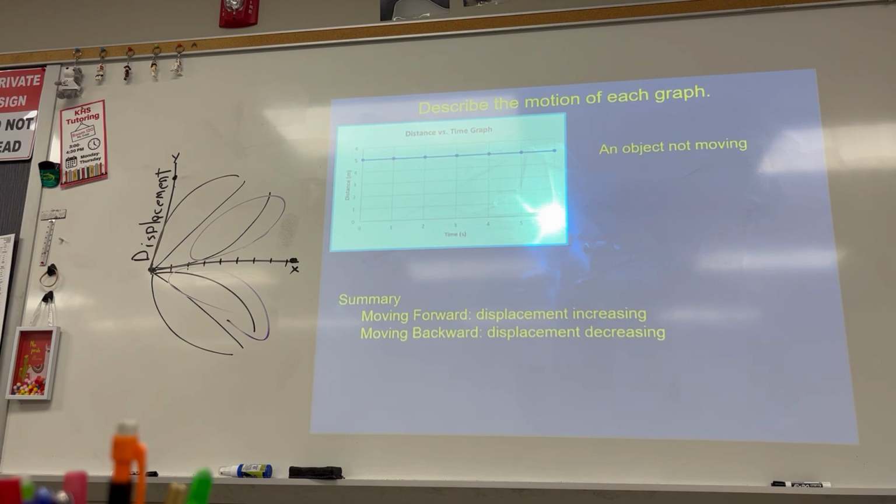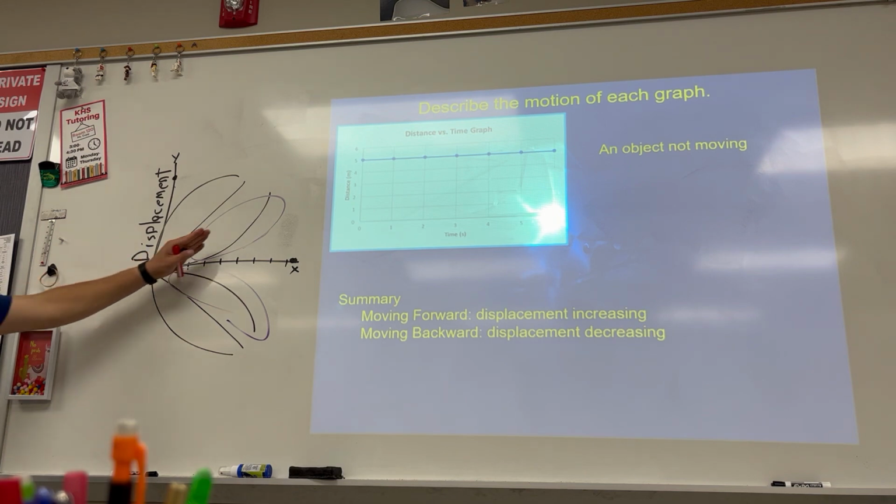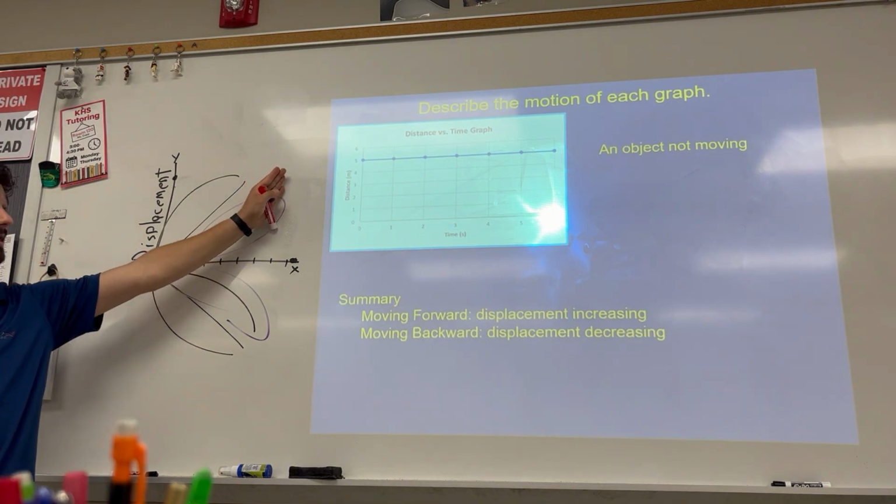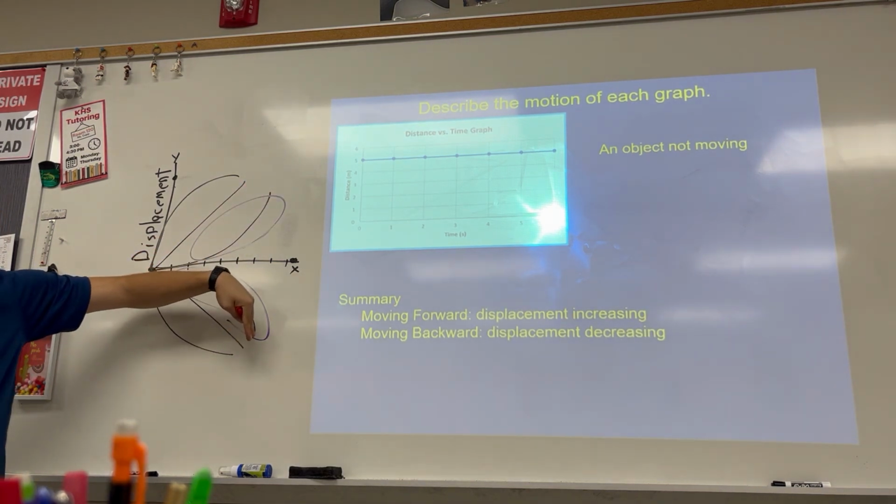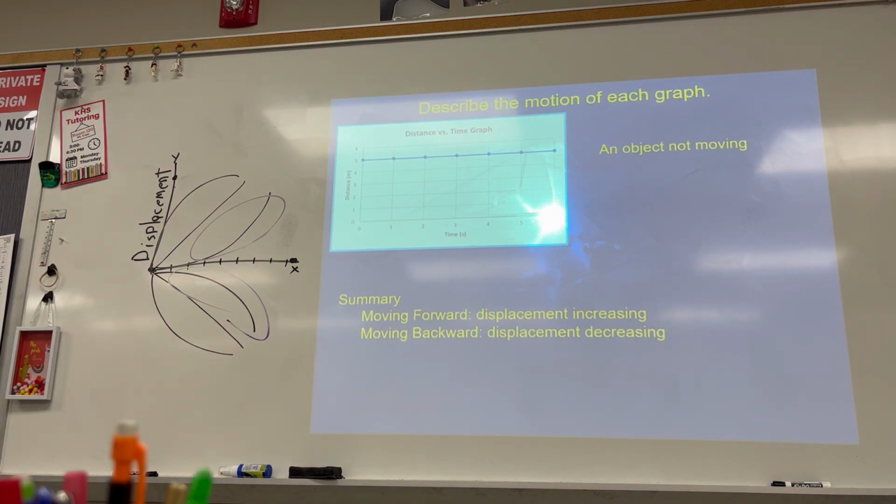Are they getting steeper or flatter? Right, if I imagine there's like a ramp, that's pretty steep, and then this is also getting steeper, yes? They're getting steeper in opposite directions, but they're both getting steeper. If I'm speeding up, the graph gets more steep. It gets more vertical.